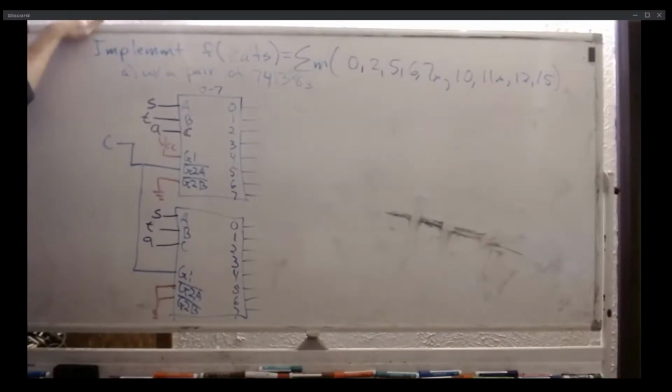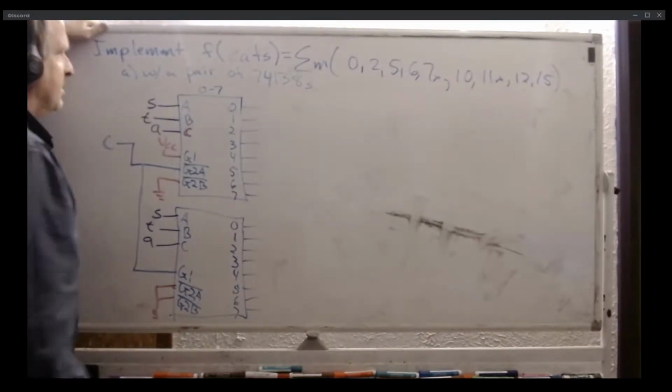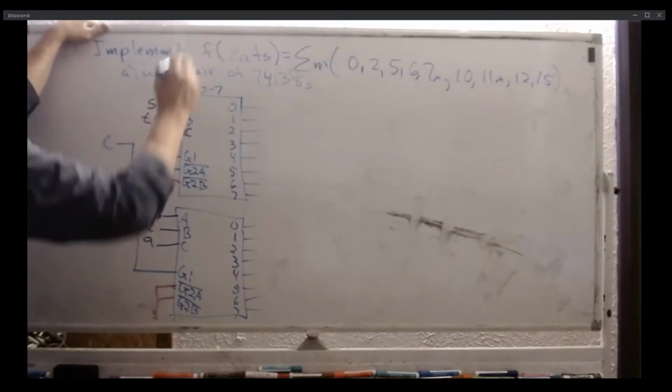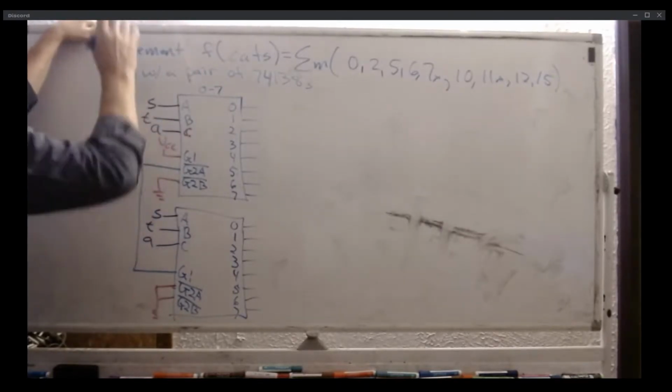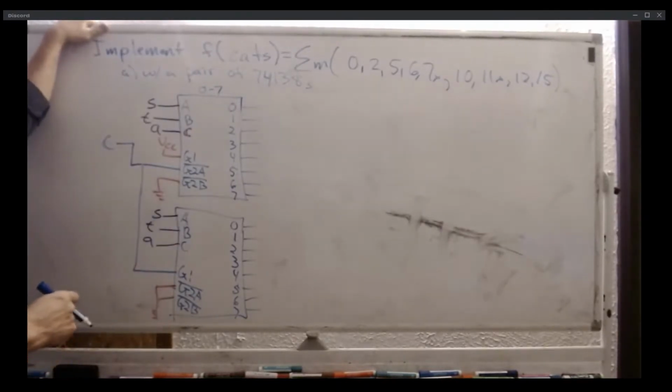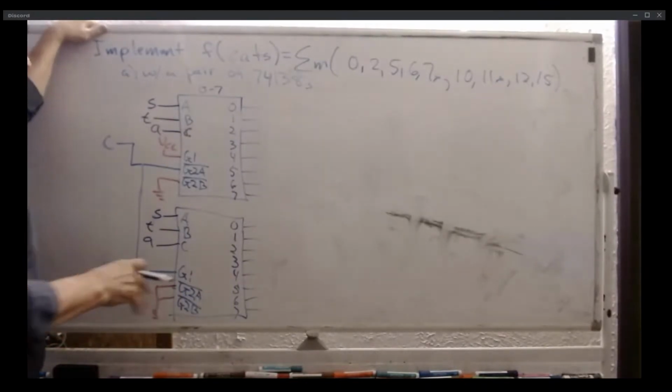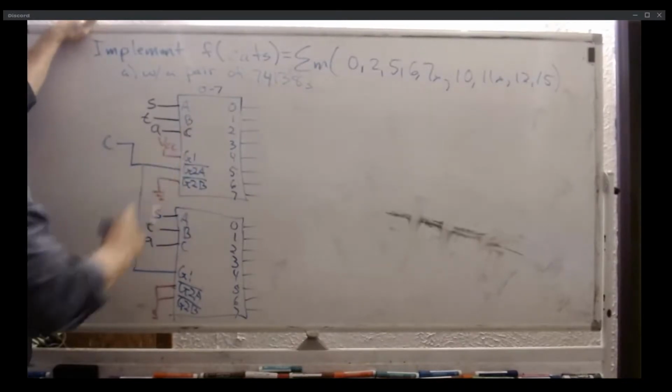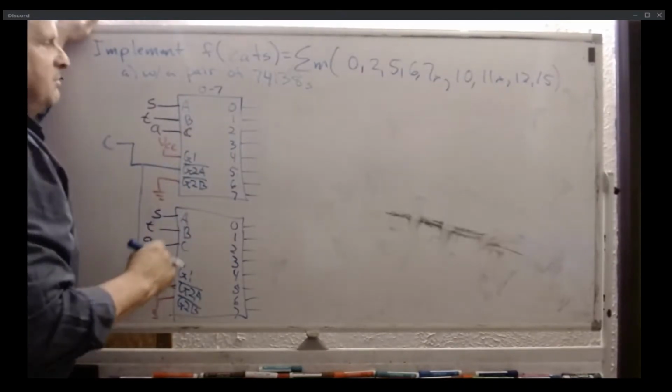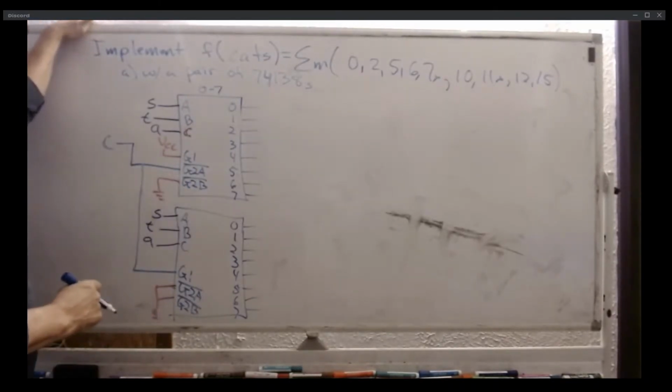Any reason why CBA is the order from most to least significant bit as opposed to ABC? Yeah, I think I explained this when we were going through it. These devices are expandable, right? Somebody could come out tomorrow and say, this is a great device, but I can make it even better by making a 1 of 16 decoder.